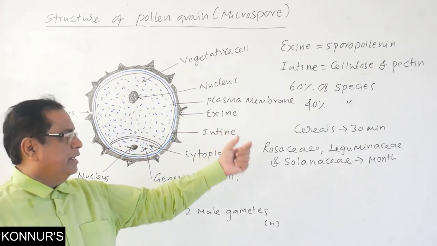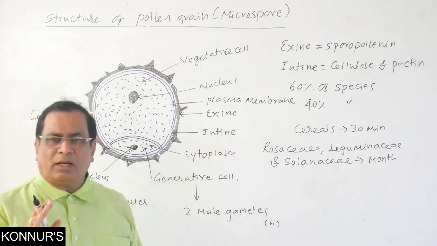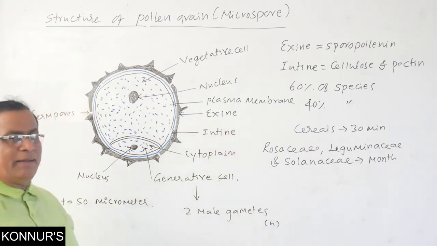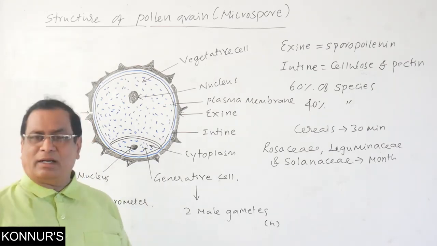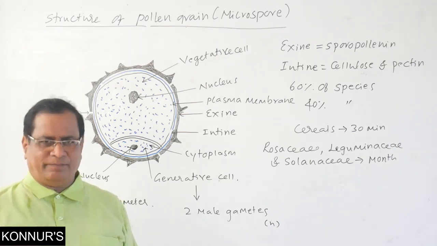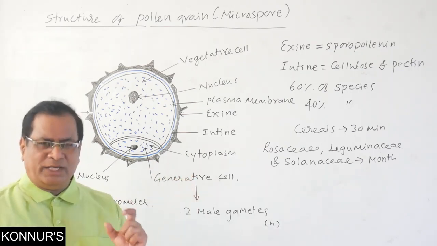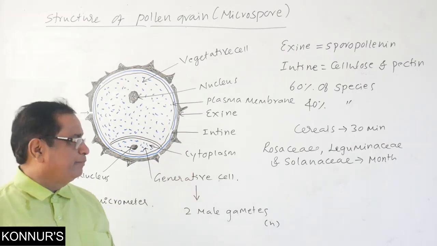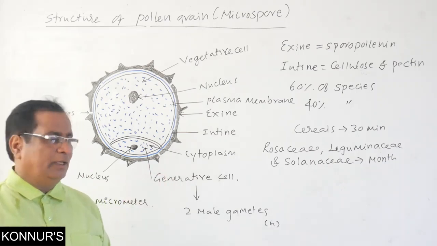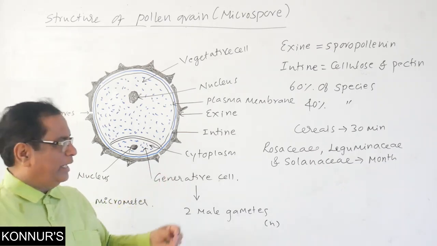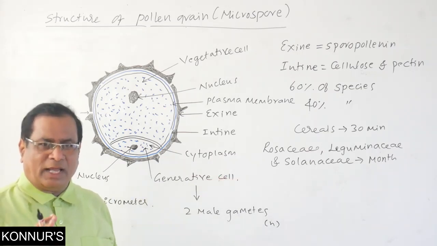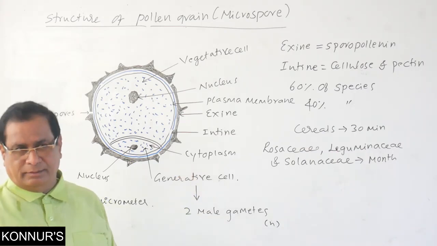In that stage, in 40% of species, pollen grains are shed. As far as the durability of these pollen grains is concerned, it varies from species to species. In cereals like wheat, rice and jowar, they can survive up to 30 minutes. But in the members of Rosaceae, Leguminaceae and Solanaceae, the pollen grains can survive for a month.